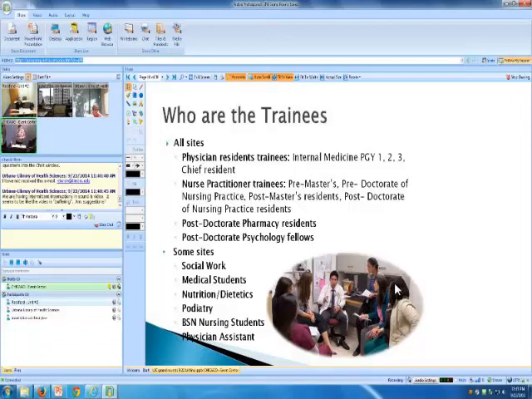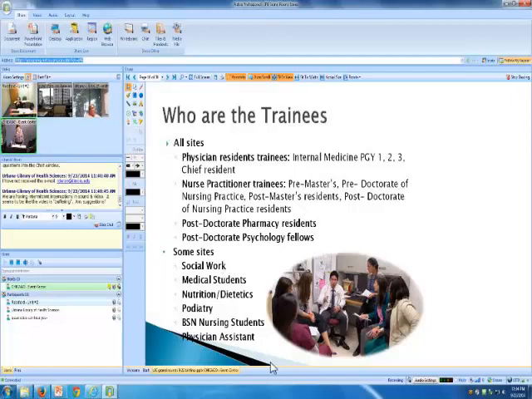And then 4 of the 5 sites have post-master's NP residency programs, and at the Seattle site they have a post-DNP residency, and I'll talk more about that in a little bit. All sites have pharmacy post-PharmD residents, and then post-PsyD or PhD fellows.